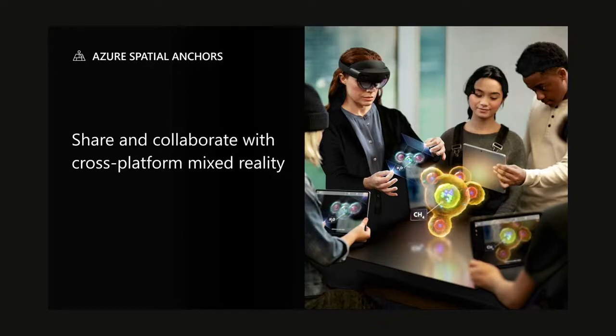So I can put a hologram, for example, on those chairs, and then I can create this point with HoloLens and share to iOS or Android as well, because Azure Spatial Anchor is able to translate the data across the platform. And so you can implement shared experience in HoloLens and other devices.